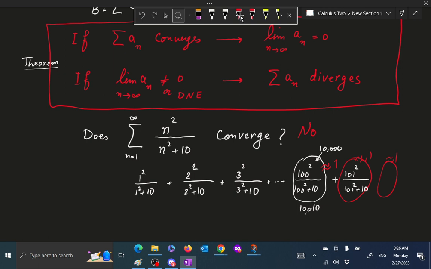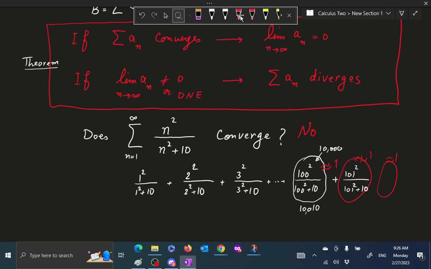Typically, students read a bit too much into this theorem, and they think that if the terms of the sequence go towards 0, then we are saying it converges. No, that's not what we are saying. We are saying if it converges, the terms go to 0. If the terms don't go to 0, then we know it diverges.